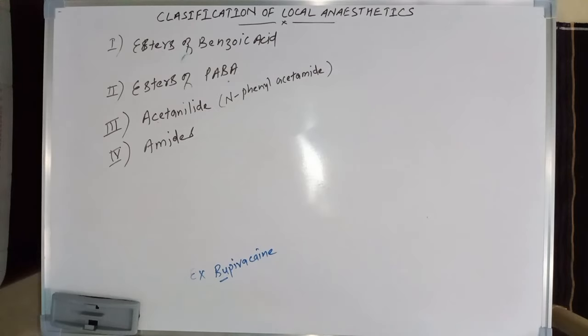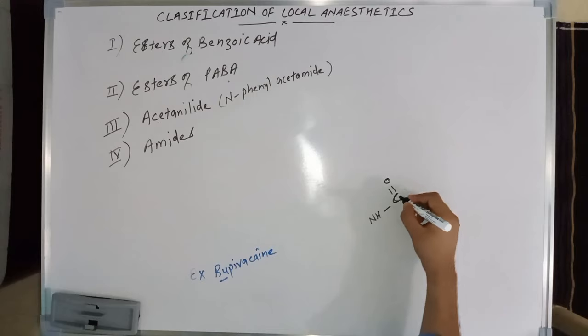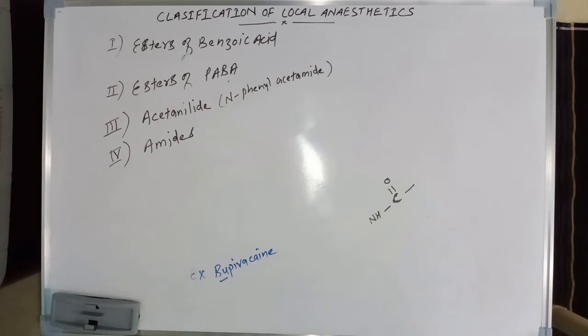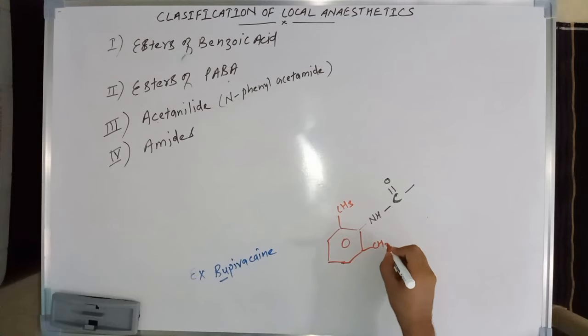So what is that 4 carbon? Again, it's a drug of class amide. So let's draw the structure of amide. NH C double bond O, dash. Now again on this amine group there is a phenyl ring with 2 methyl groups, so it becomes xylene.